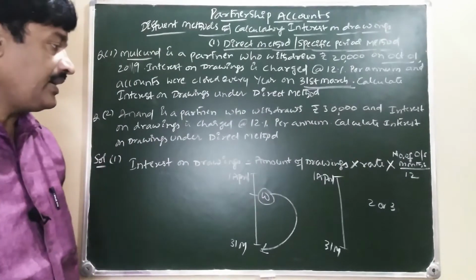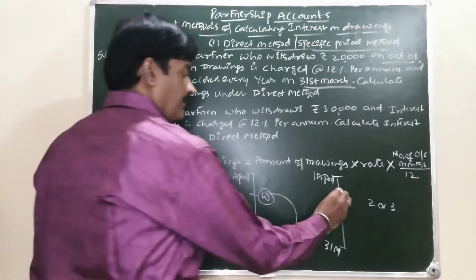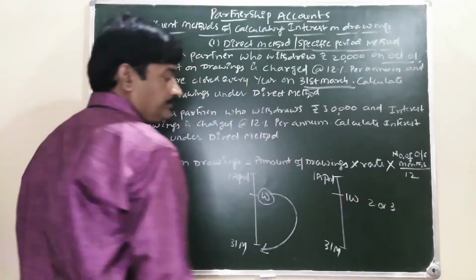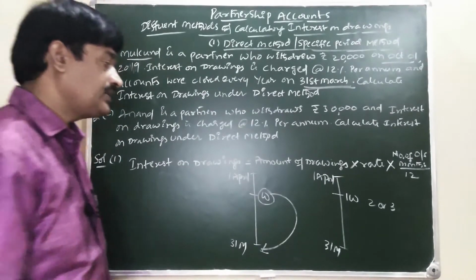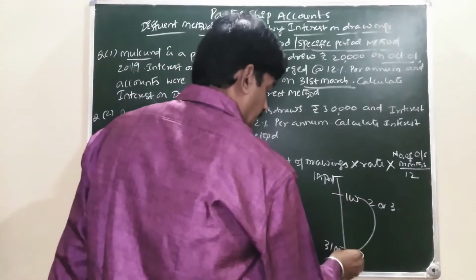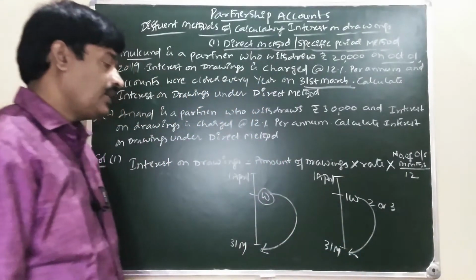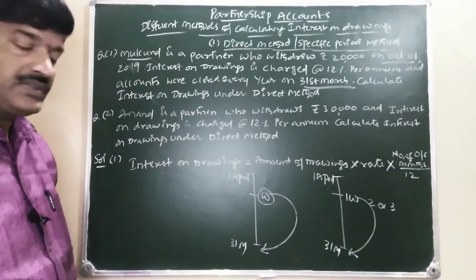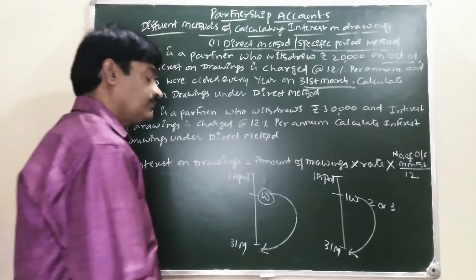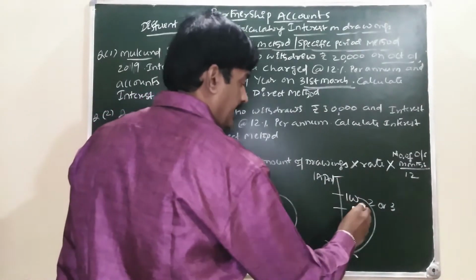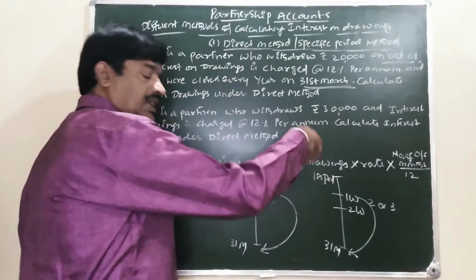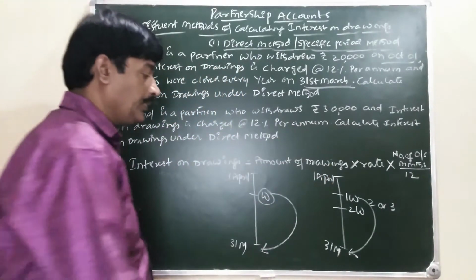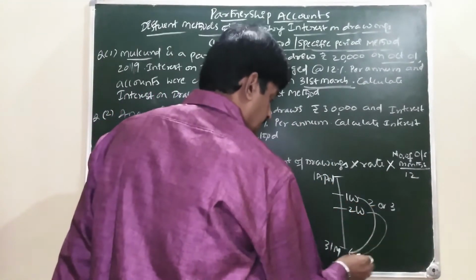How are we going to calculate interest? In the first withdrawal, interest is calculated from the date of first withdrawal to the closing date of the accounting period, that is 31st March. Again, we calculate interest separately on the second withdrawal, from the date of second withdrawal to 31st March.